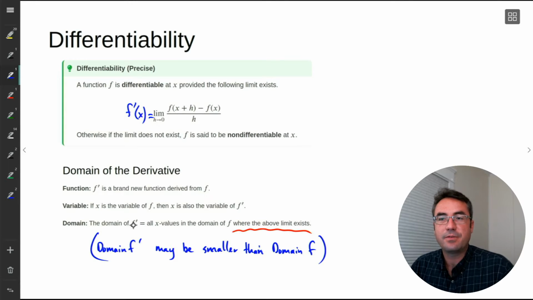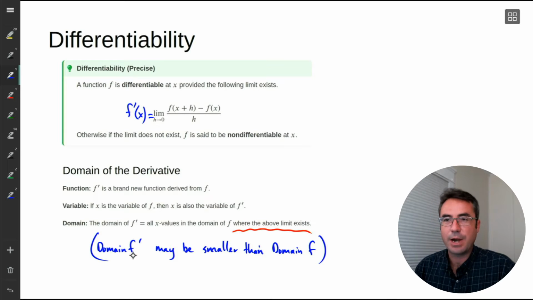To find the domain of f prime, we start with the domain of our original function, and then we throw out all of those x locations where this limit didn't work. At best, the domain of f prime is going to equal the domain of f, but a lot of times there are some x values which we have to throw out, so the domain of f prime might shrink a little bit.